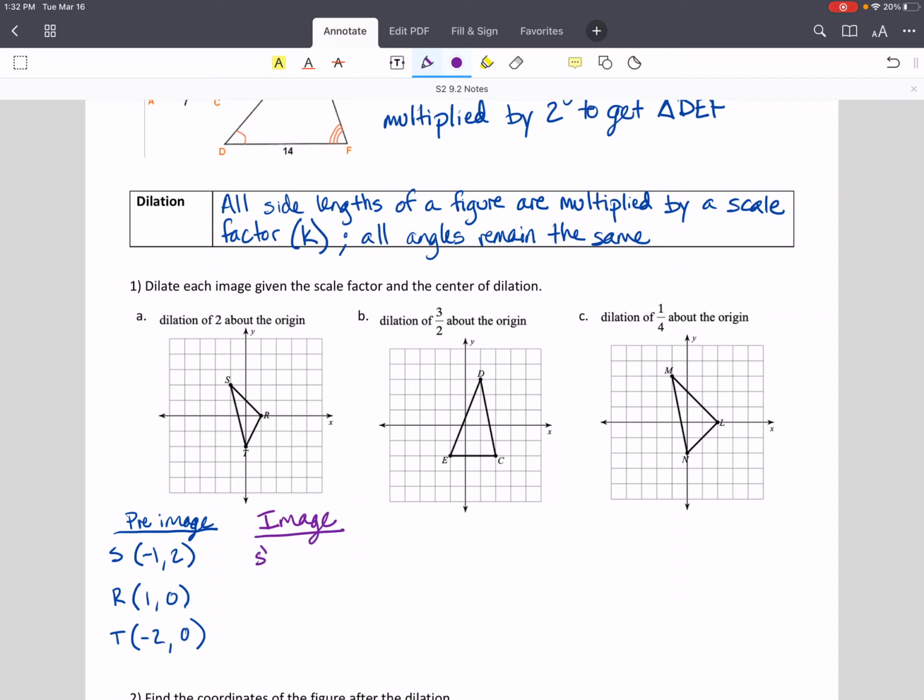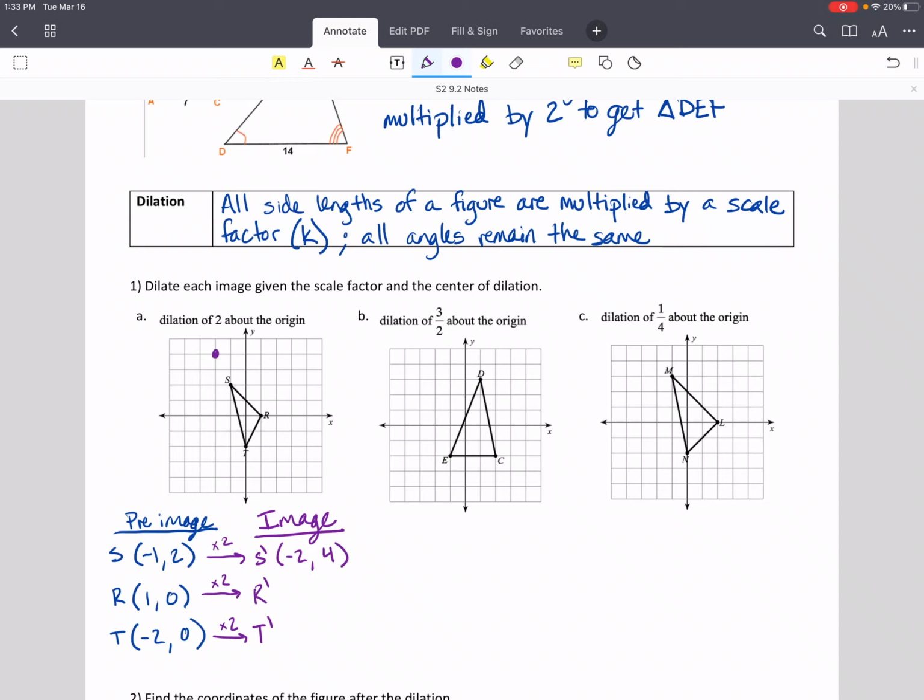The new points are going to be called S prime, with a little apostrophe, R prime, T prime. And here's the thing, if I have to double everything, that's going to involve the X coordinates and the Y coordinates. With K being 2, I'm just going to multiply everything by 2. That's my scale factor. So S prime is going to give me -2, 4.